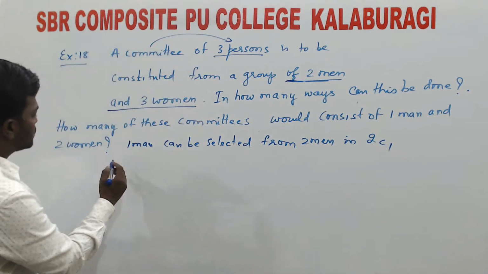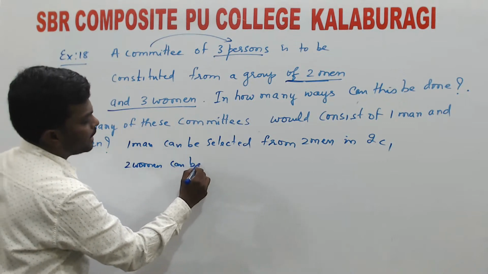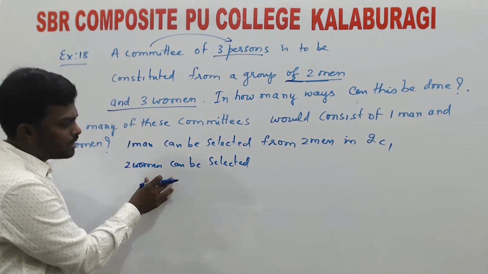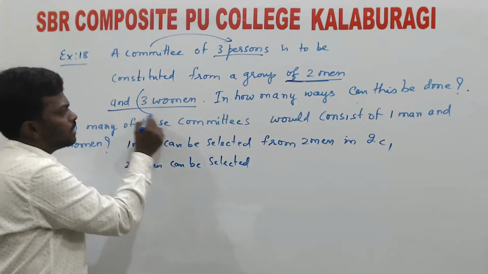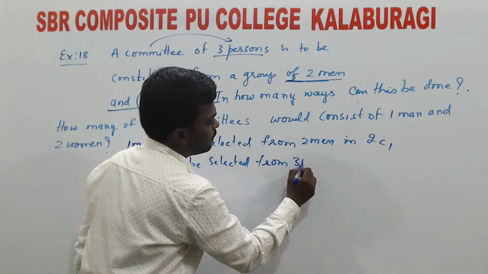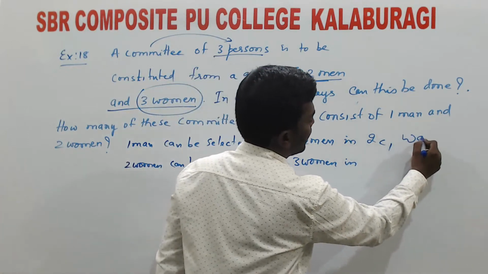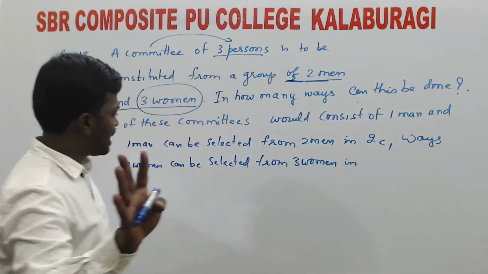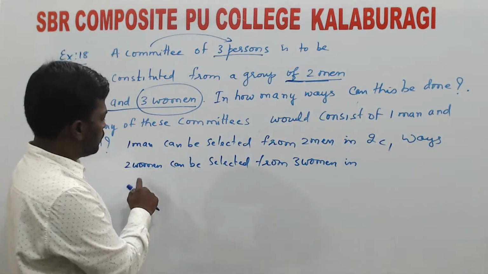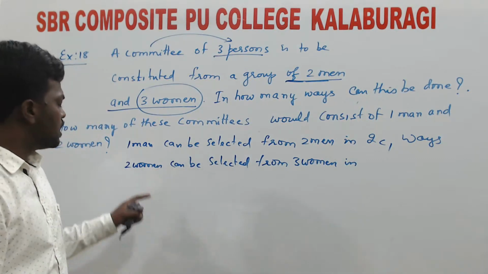Next, two women can be selected. These two women have to be selected from the group of three women. In how many ways can you arrange them? Oh, sorry, it's selection. We are not asking to arrange. You are picking the women and men to form a committee.